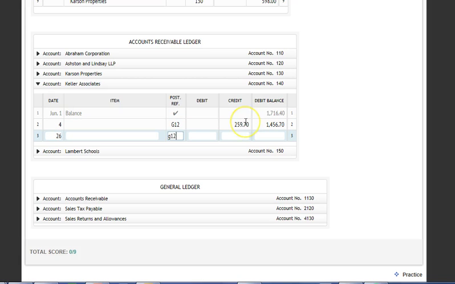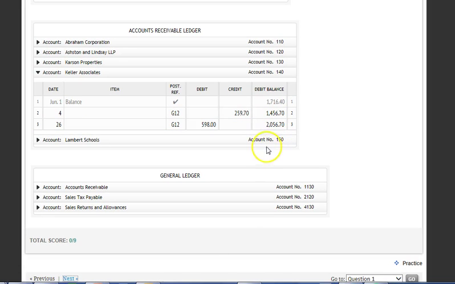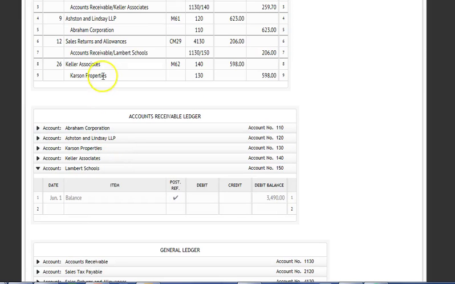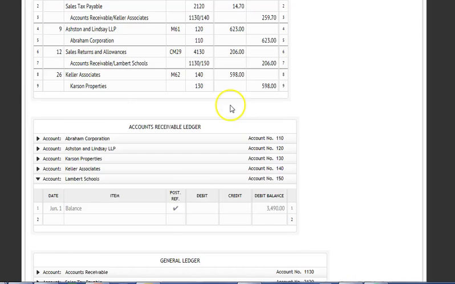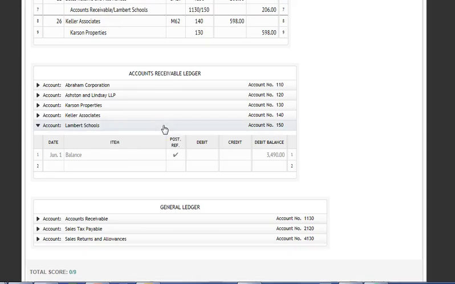Still G12. Gotta put it in. $598. So that's going to increase the number here. Awesome. One more. Lambert. Right there. So it is a credit of $206 on the 12th. Okay, subtract those.